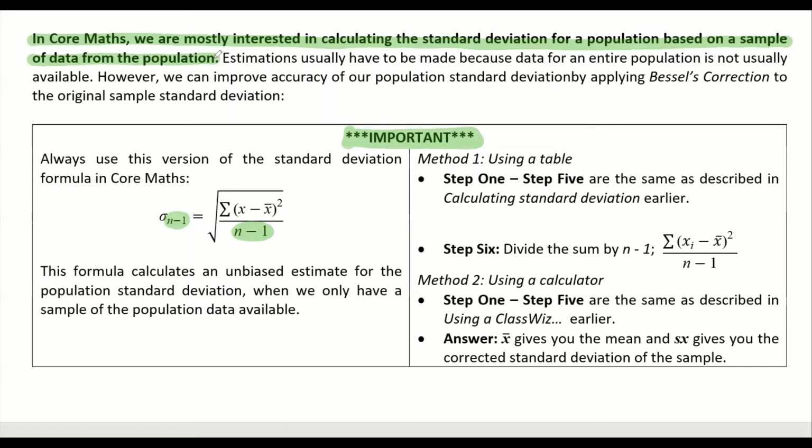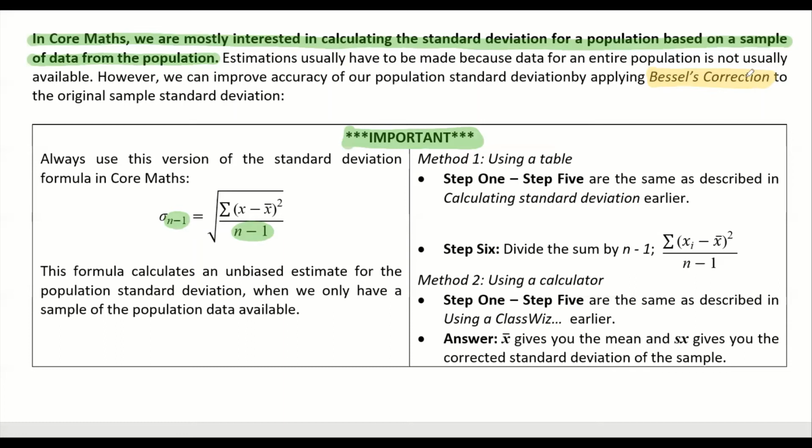Now, because we know this is not the true standard deviation for the entire population, we apply something called Bessel's correction. Bessel was a mathematician, astronomer, essentially a polymath, and he came up with this slight adjustment to the standard deviation.